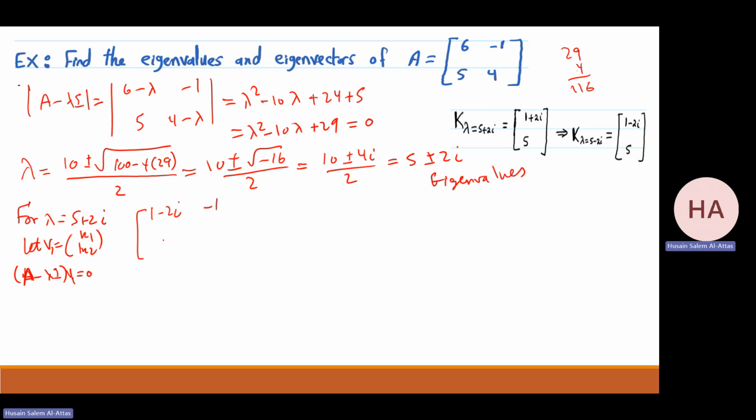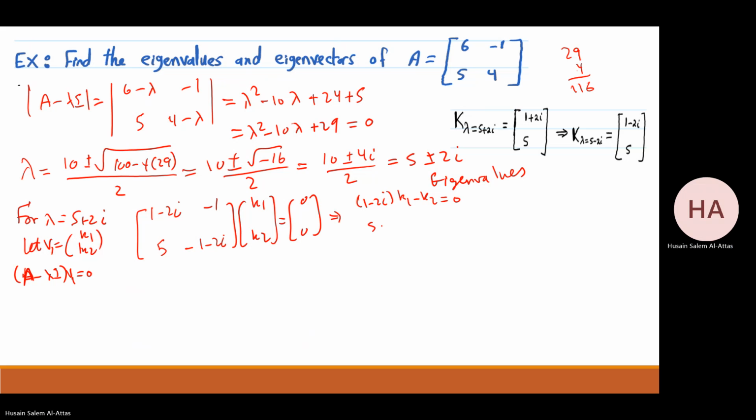In the other row, this is 5, 4 minus 5, that will be minus 1 minus 2i, times k1, k2 equals 0, 0. For sure, I have these two equations where they are the same.